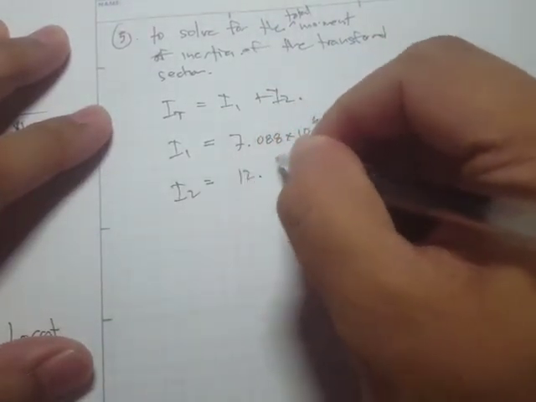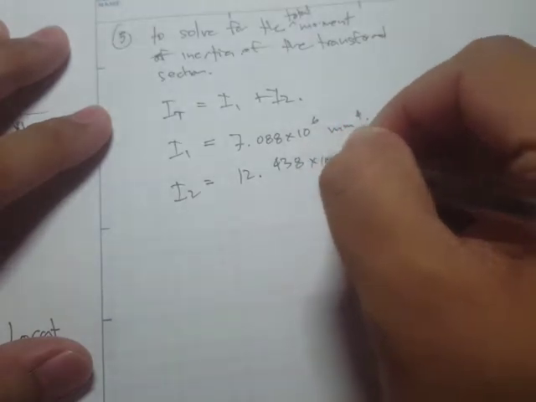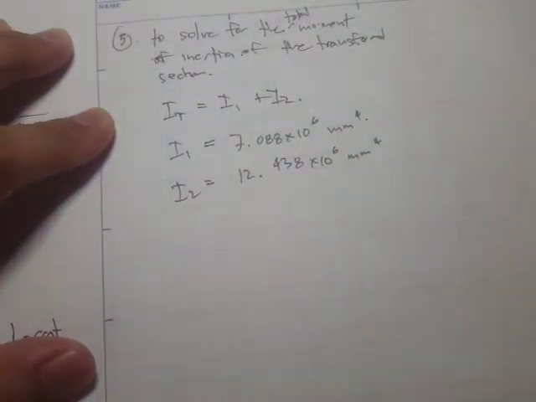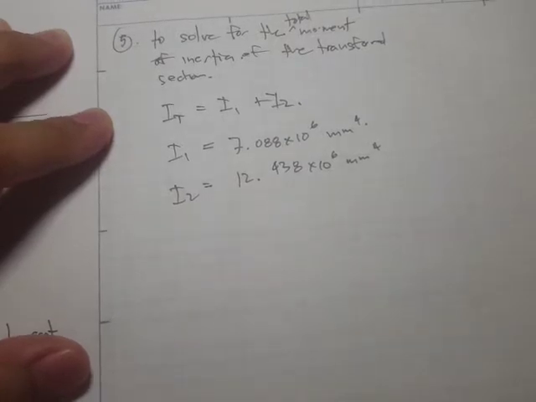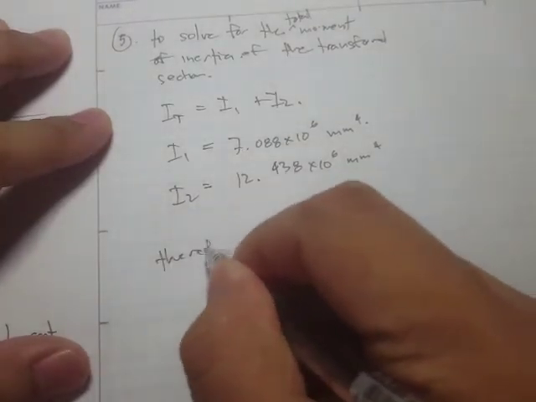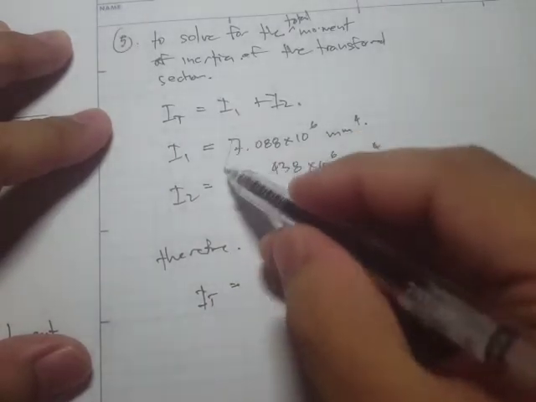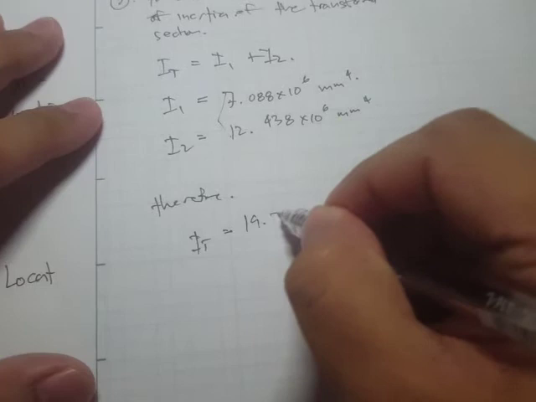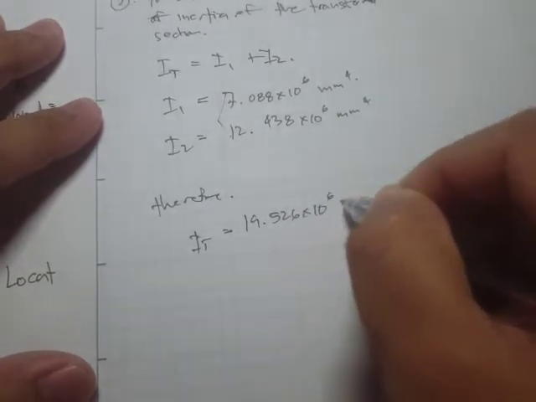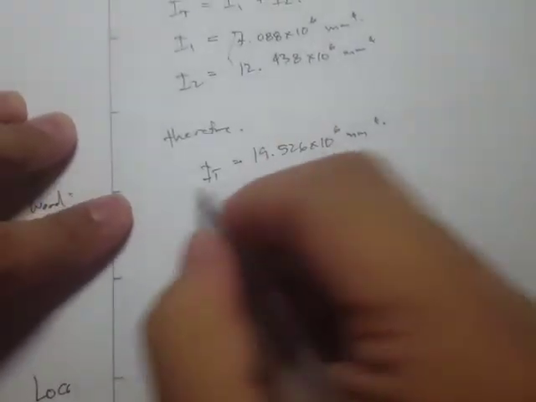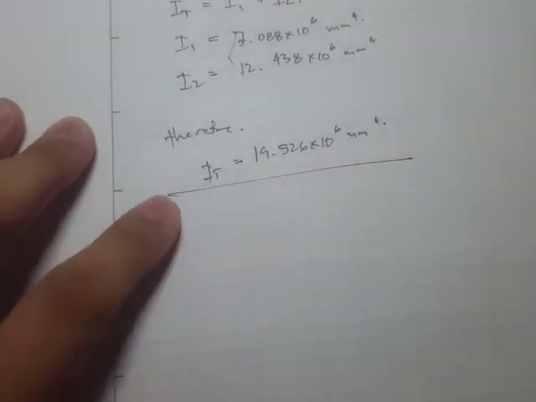This one is 12.438 times 10 to the 6 mm to the fourth, and therefore I total is, if you add, just 19.526 times 10 to the 6 mm to the fourth. Okay, so that's our moment of inertia.